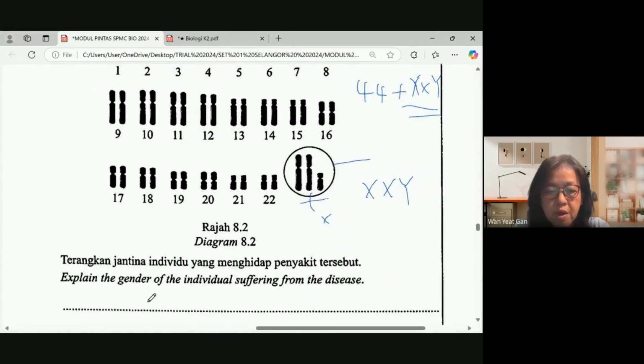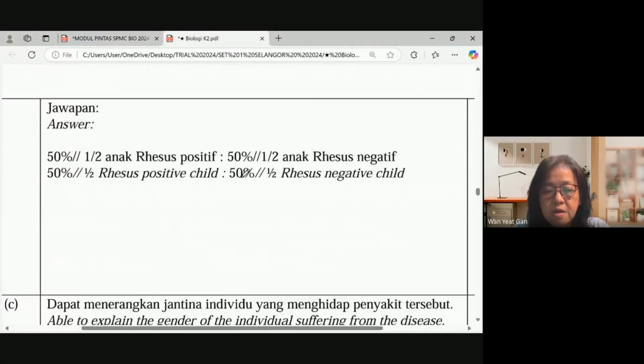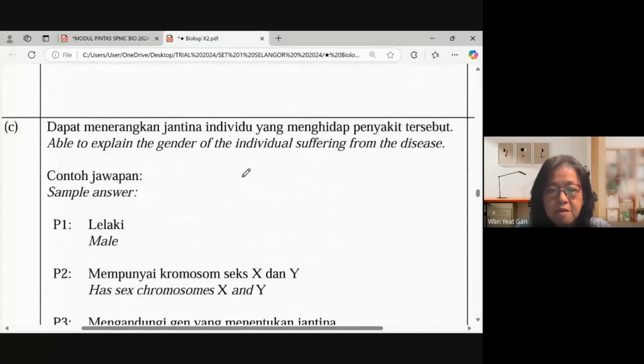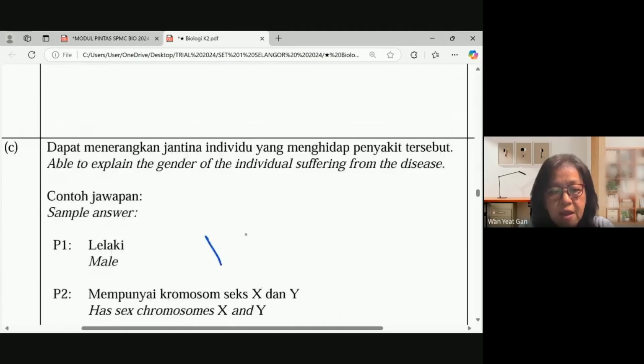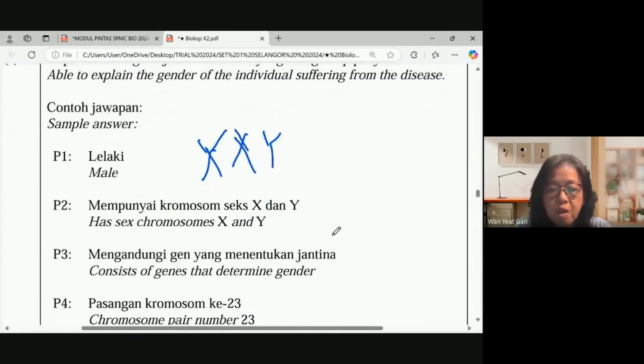So how does the gender suffer from this disease? What happened is there's a non-disjunction that occurs between the sex chromosomes. So this is a male because he has X, X, and Y. He has two X chromosomes and one Y chromosome.